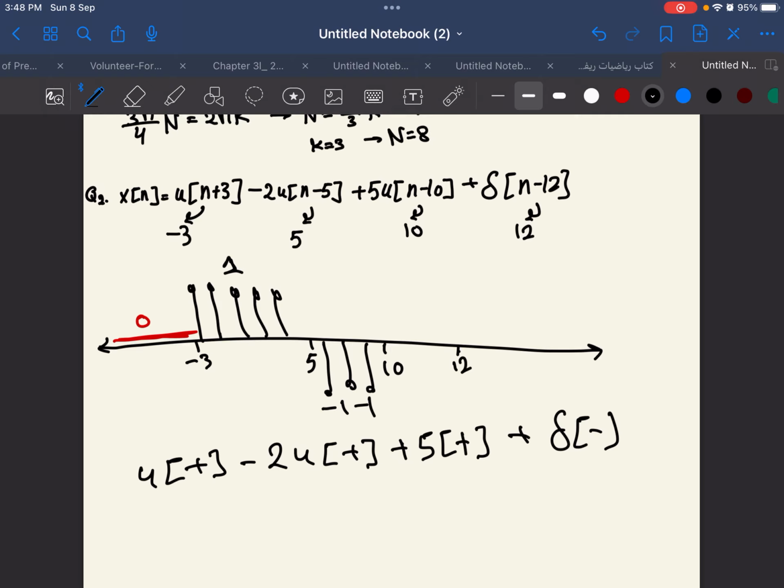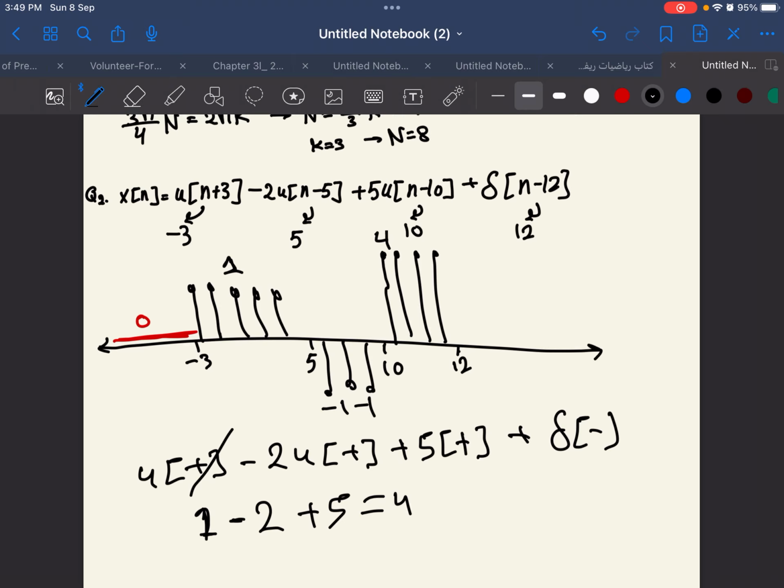Now we'll see that this one is 1, and the negative 2 u, minus 2 plus 5, which will equal 4. So whatever value here, it will equal 4.